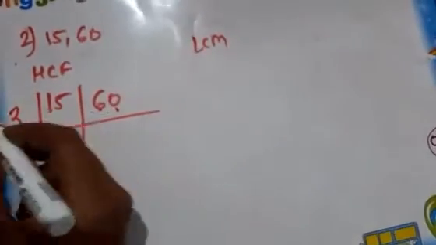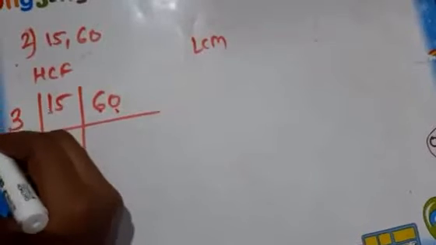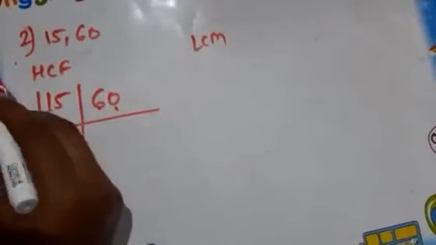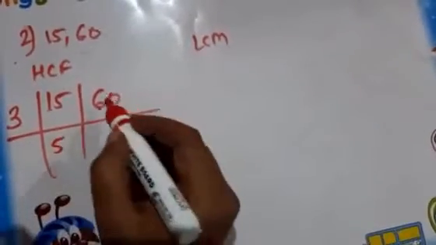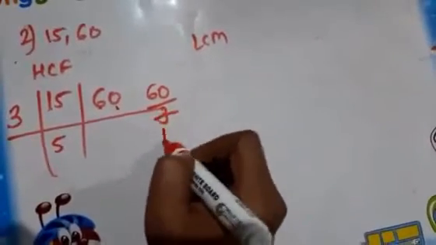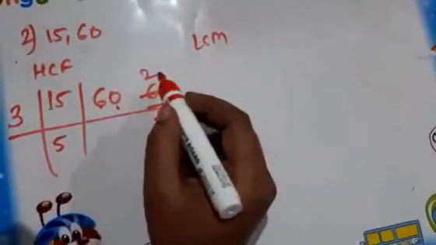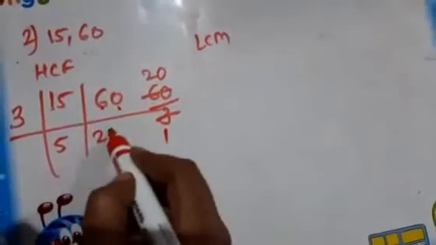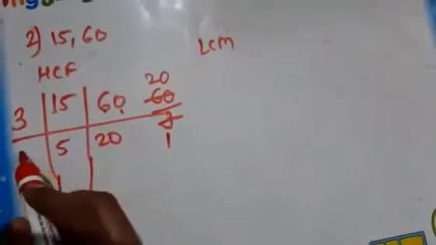15, below that what should be written? 15 divided by 3. 3 ones are 3. 3 5s are 15. So here will be 5. Below 60 what should be written? 60 divided by 3. 3 ones are 3. 3 2s are 6 and 0. So it will be 20. Now here we can't divide both numbers by 3 again.